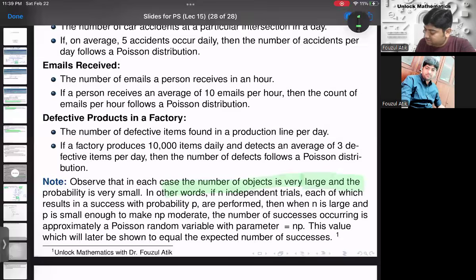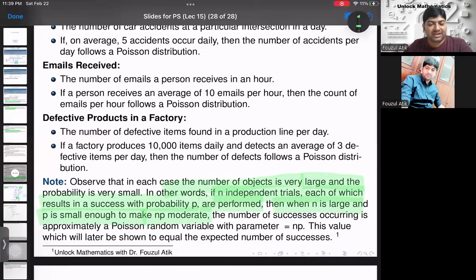So in other words, if n independent trials, each of which results in a success with probability p, are performed, then when n is a very large number and p is small enough to make np a moderate one. What is that np? np was the Bernoulli binomial random variable's average, the expected value np.